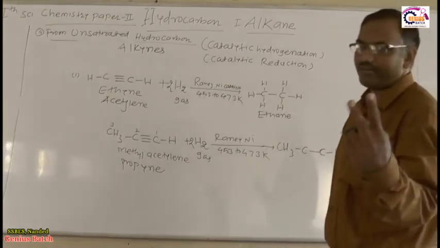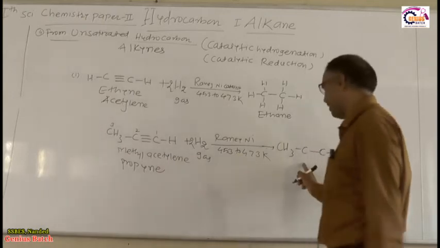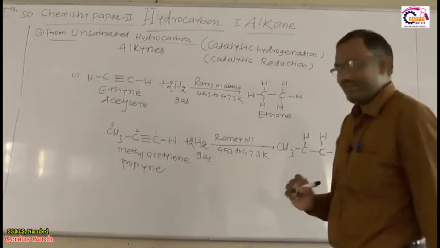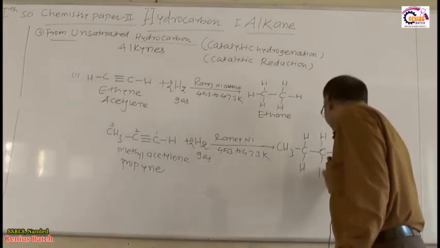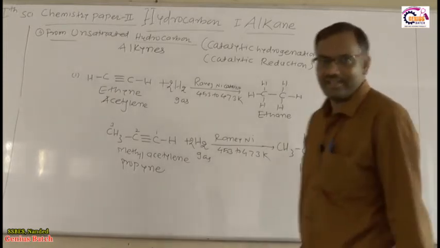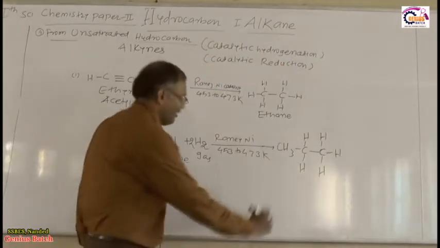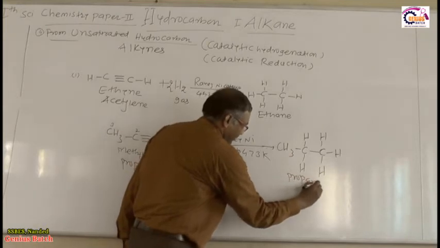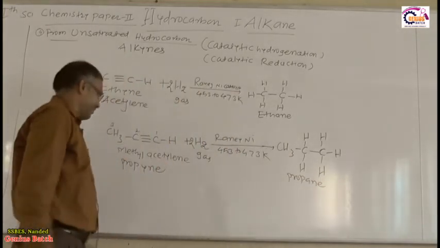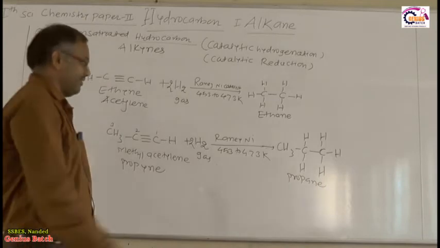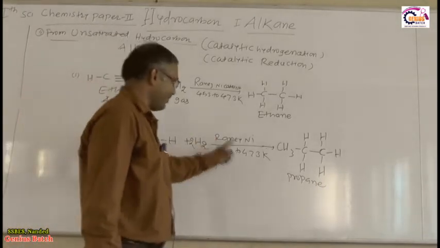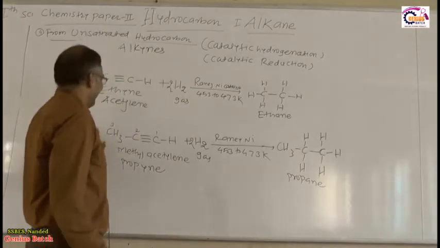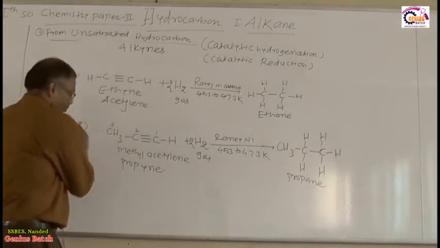We have cancelled one double bond by adding 1 hydrogen molecule, another double bond cancelled, another hydrogen molecule added. What is the name of this compound? 1, 2, 3, that is propane. So propane is obtained if propyne is reacted with hydrogen gas in the presence of nickel catalyst. So this is the second example, propyne.